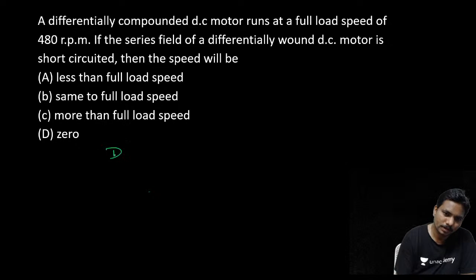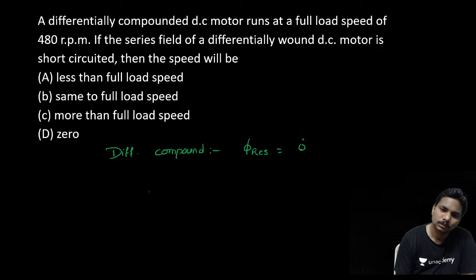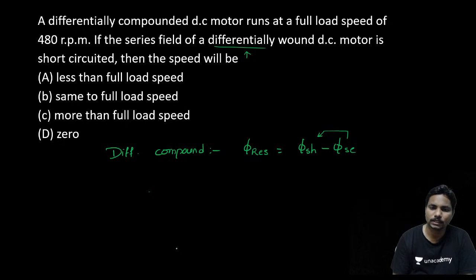What is the relation I have given in case of differential compound? Resultant flux is equal to shunt field flux minus series field flux. That means the series field flux opposes the shunt field flux. That is the understanding.